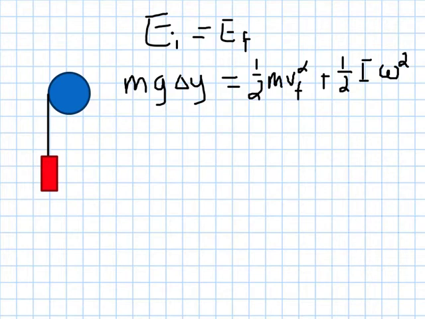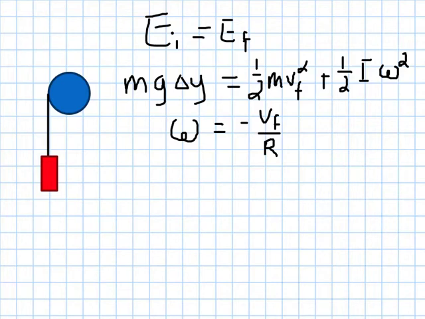Now I'm going to solve this one symbolically, and then we'll put the numbers in based on the question. So the first thing I need to take note of is that omega has a relationship with V final, which is what I was asked to find. So omega is equal to negative V final divided by the radius of the pulley. The reason that there's a negative sign is because this hanging mass is hanging off of the left side of the pulley.